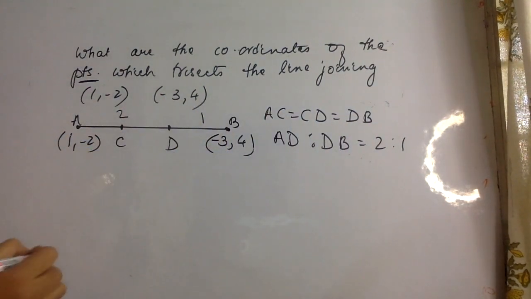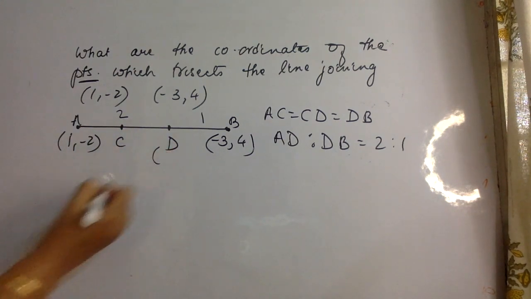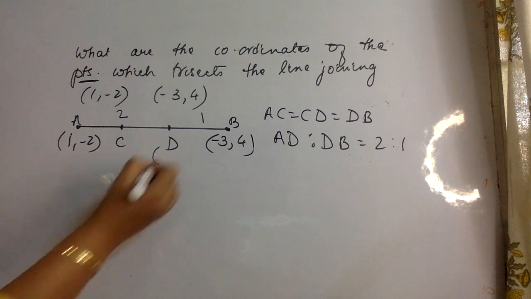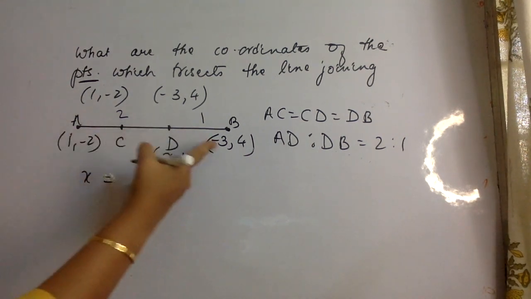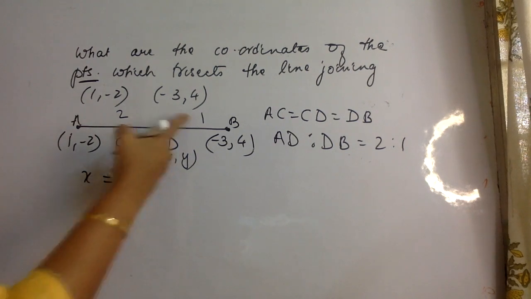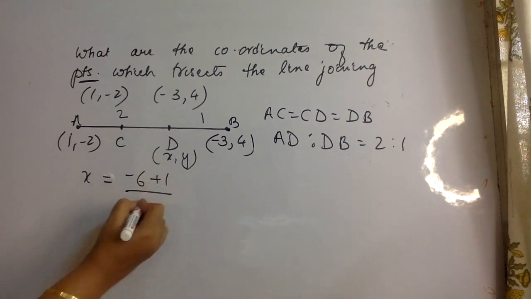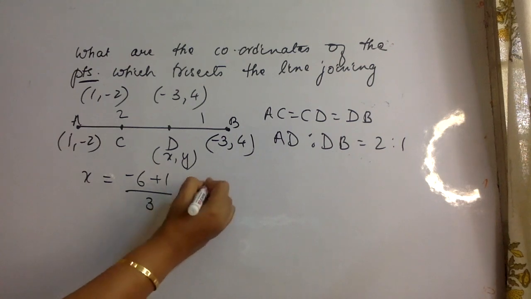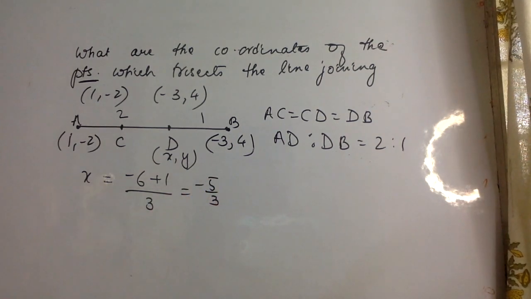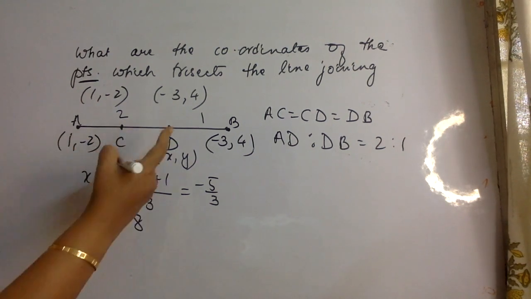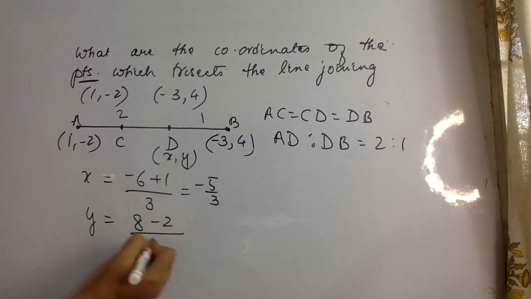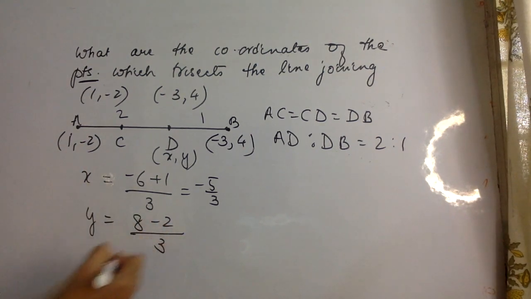Okay, then I can start the sum. I am going to use the section formula now, and I shall be finding the value of the coordinates of x and y. So x is equal to 2 into minus 3, that is minus 6, plus 1 into 1, that's plus 1, by 3, that is minus 5 by 3. Okay, that much for the coordinate of x. Let's take y now. 8 minus 2 by 3.